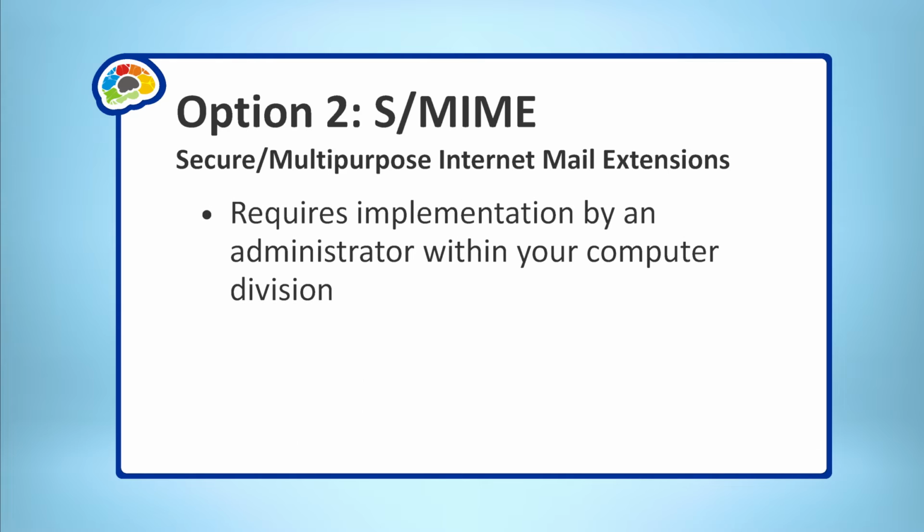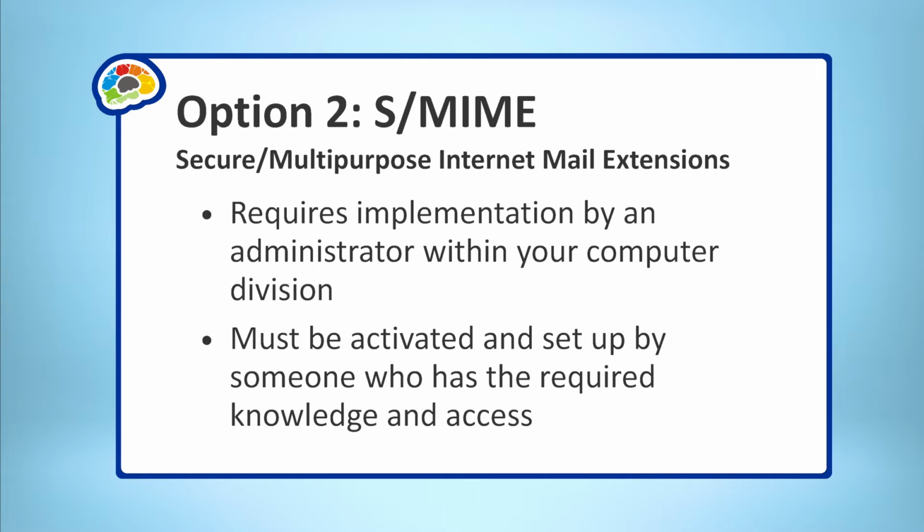In fact, the use of S-MIME requires implementation by an administrator within your computer division, so it's not something you can just use on your own. It must be activated and set up by someone who has the required knowledge and access. Furthermore, depending on the policy of your company, S-MIME is something which is either invoked by a rule, which would be set up within Outlook, or it's active all the time.